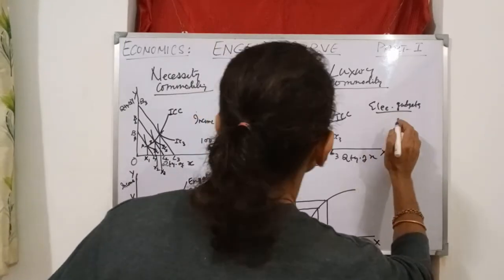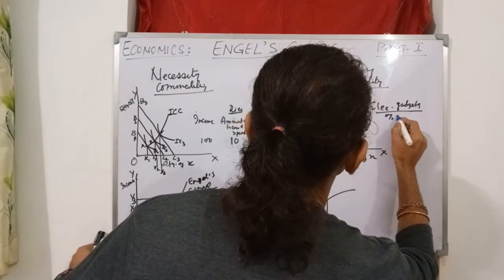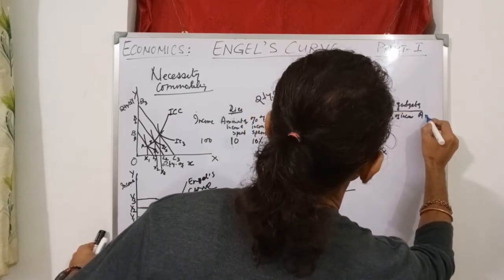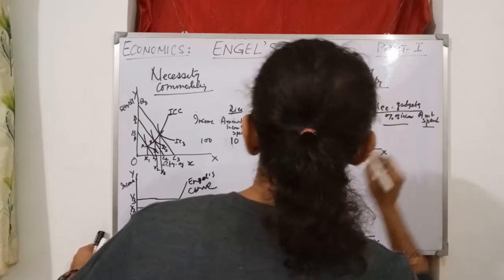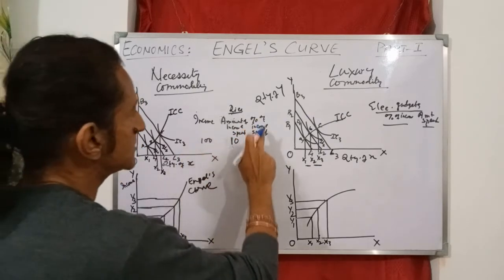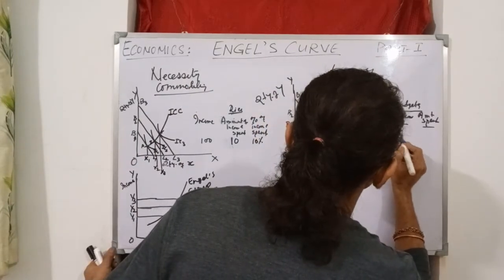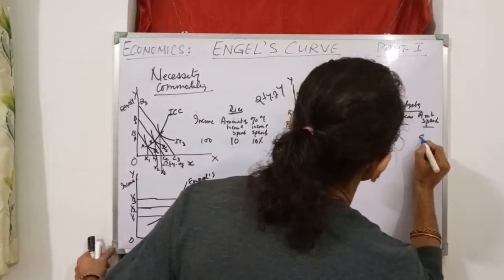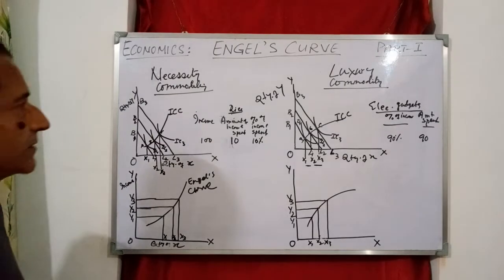Under electronic gadgets we measure percentage of income and amount spent. At income level 100, he is spending 10% on the necessary commodity. That means he is spending 90% on the luxury commodity. That is, he is spending 90, that is $90 or 90 rupees. You can take any currency if you like.